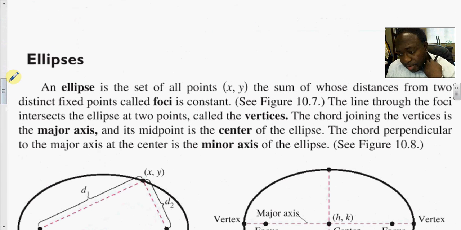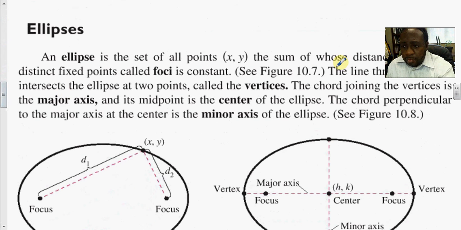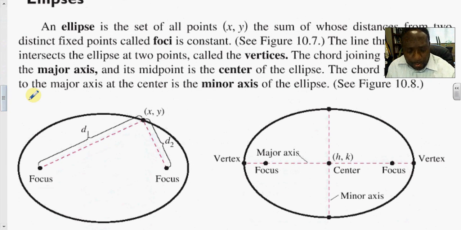Next, if it's an ellipse, the definition of an ellipse is the set of all points (x, y) where the sum of whose distances from 2 fixed points called the foci is constant. So if I take any point on the ellipse, the sum of the distance from this focus to the point and from the point to the other focus will be constant.